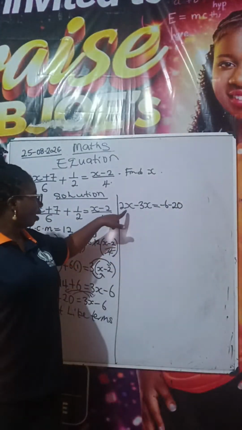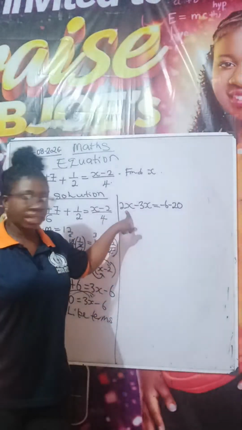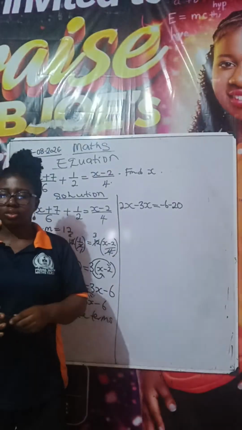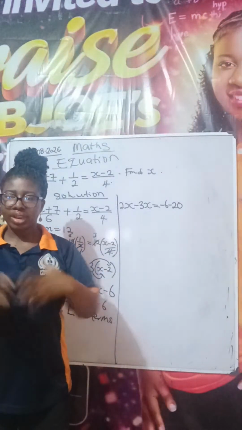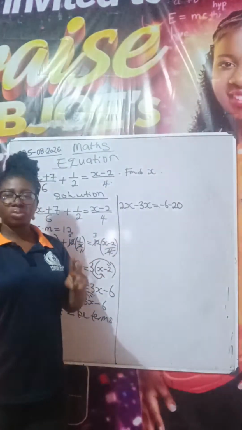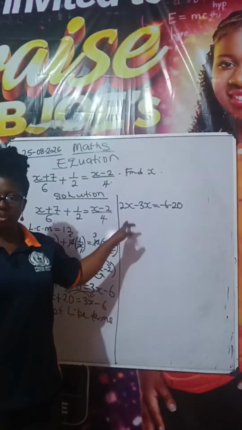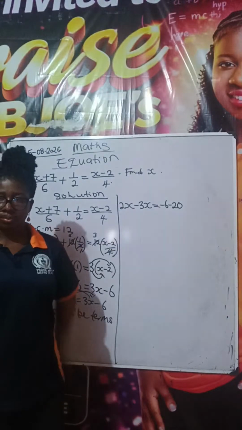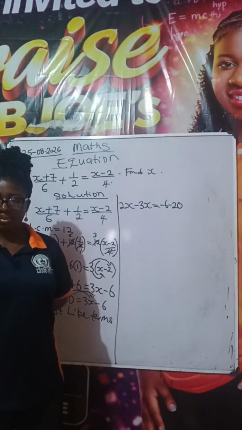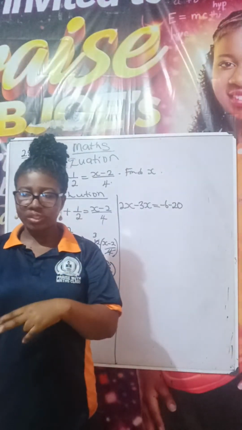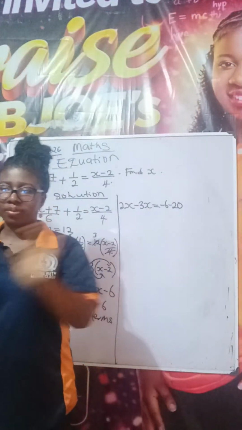Now, when you have 2x minus 3x, so what are we going to get? 2x, then you remove 3x. You know that 2 cannot remove 3. You can't do it. It's too small. So what are we going to get? Minus x. Yes. Because 2 cannot remove it, we are getting negative.